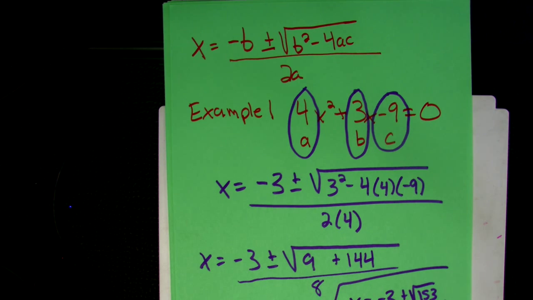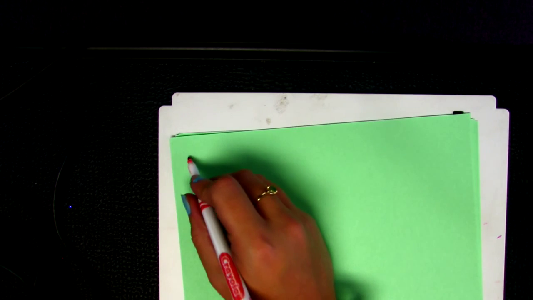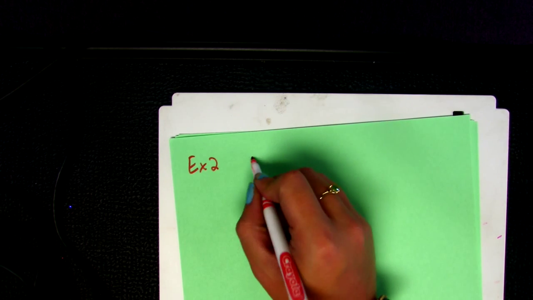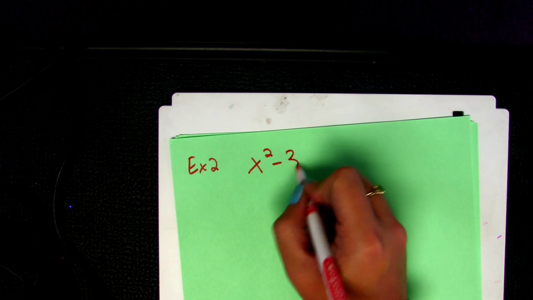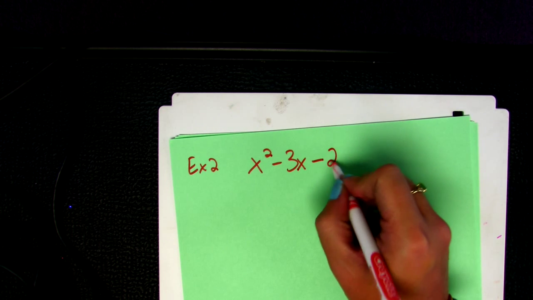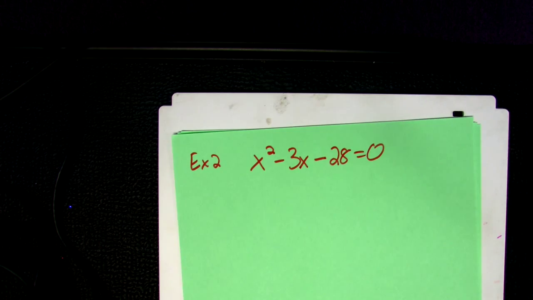Let's try another example. We're going to do example 2, which says solve x squared minus 3x minus 28 equals 0.